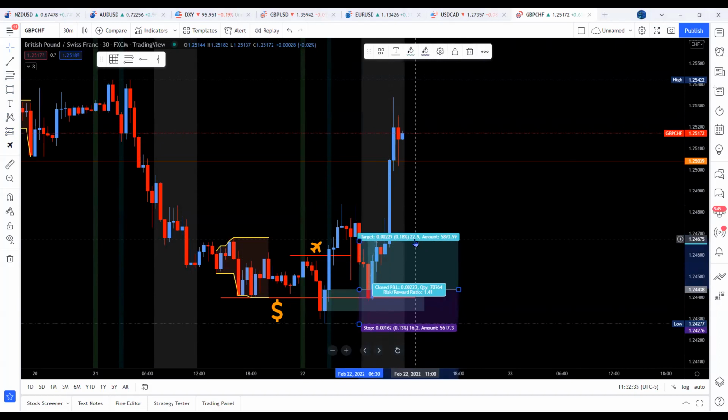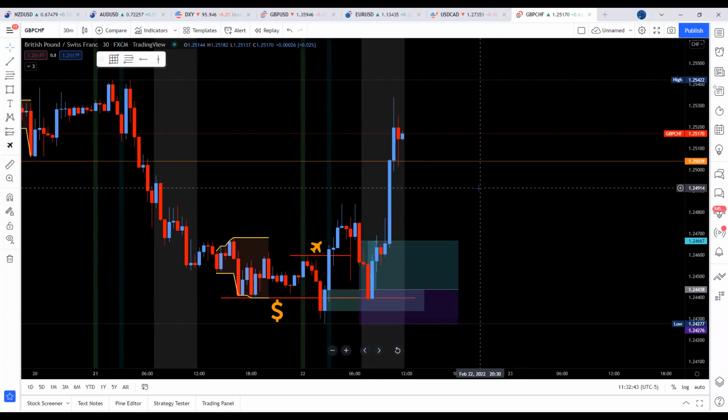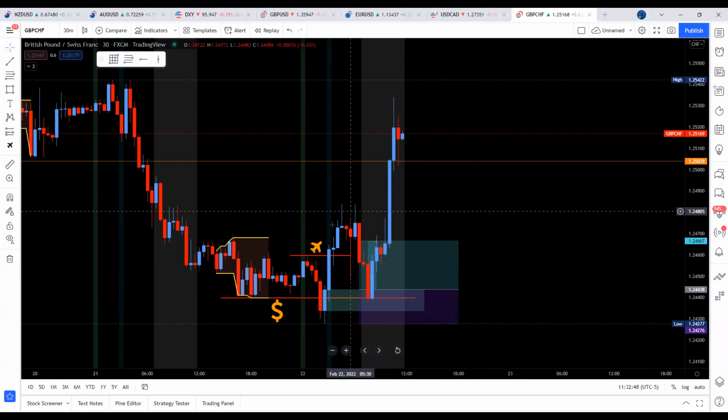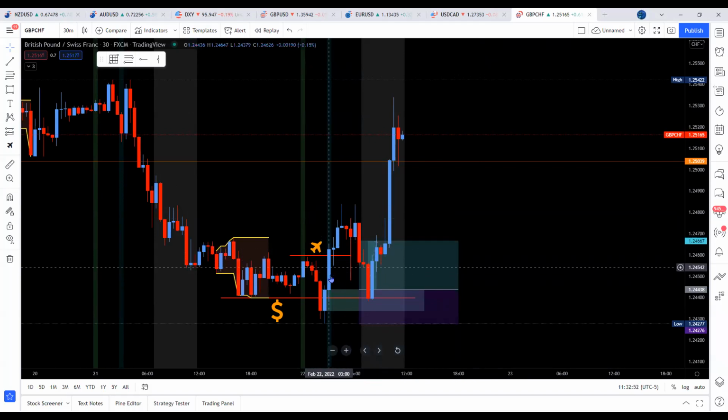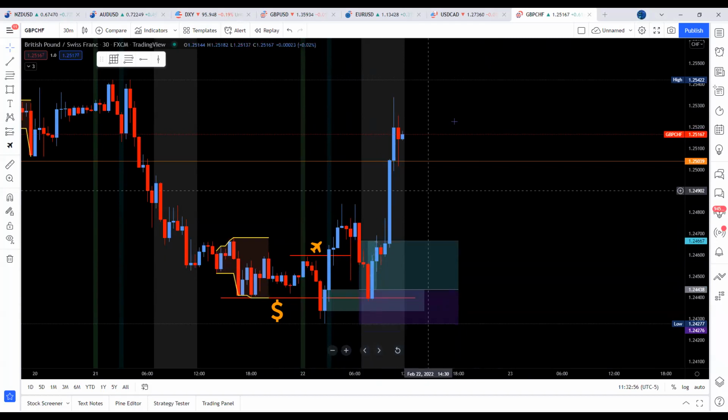Now, the wick that had happened when he sent out the signal had already happened, and that's actually fine, because the moment that the wick happened, it was confirming that price was trying to go down there. It just needed to clear this fair value gap first, and then it would go down, track it, and come all the way back up.